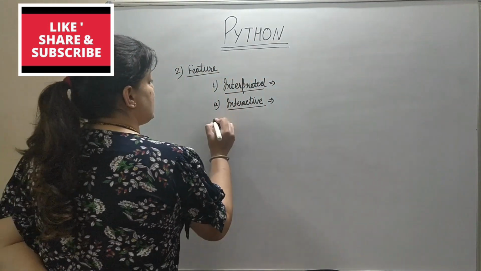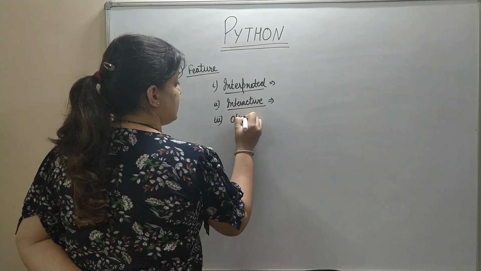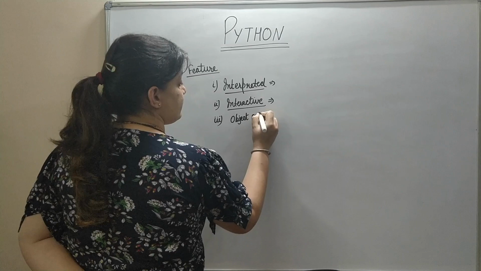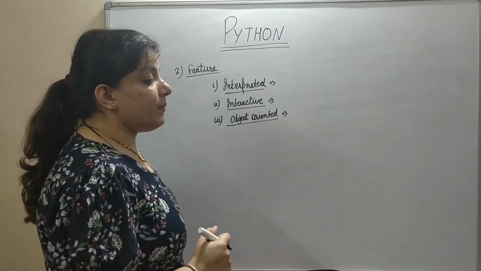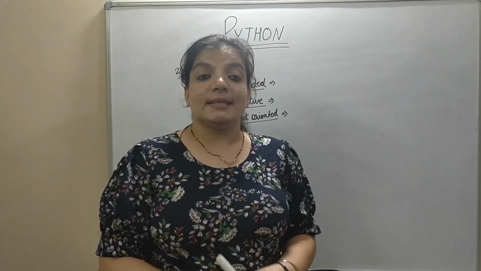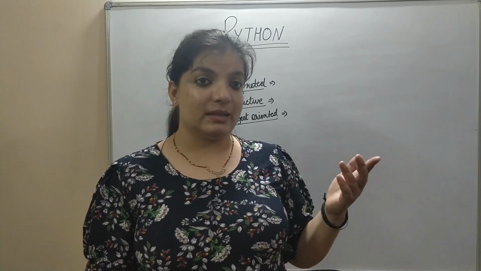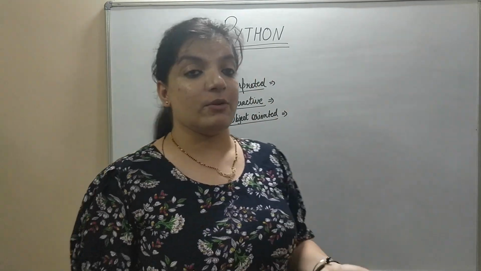Now the next feature is object oriented. As I discussed in the history of the Python programming language, it is derived from many programming languages. So all the programming methods used in those programming languages are also used by the Python programming language.